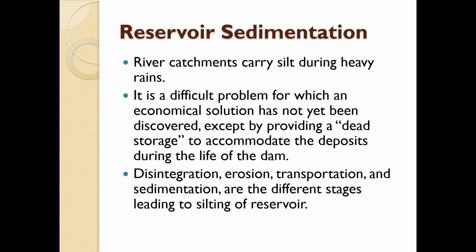Fine particles may travel some more distance and may finally deposit further down in the reservoir. Some very fine particles may remain in suspension for a much longer period and may finally escape from the dam along with the water discharge through the sluiceway, turbine, spillway, etc.